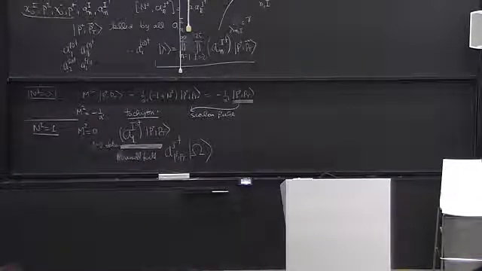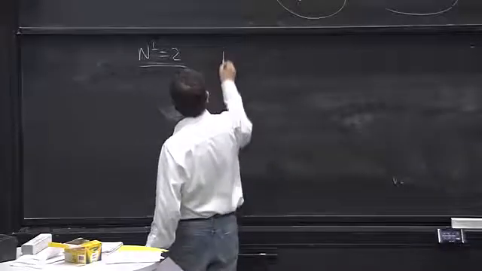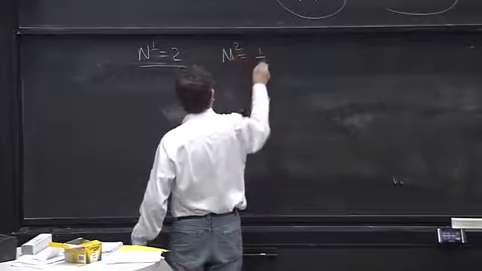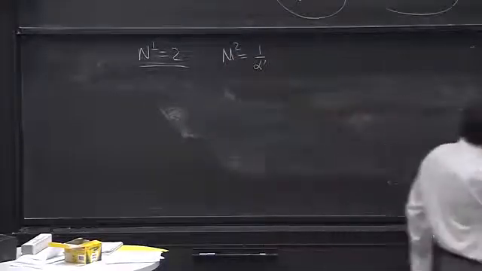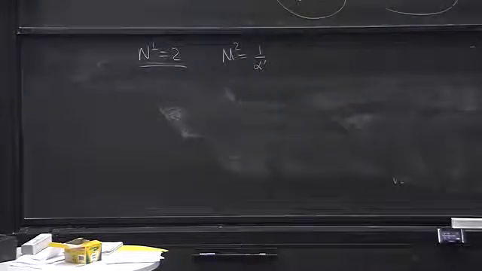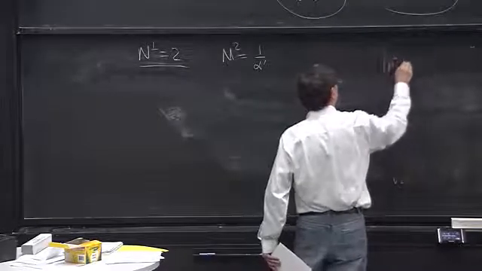It's still interesting. And n perp equals 2. OK, how do we get n perp equals 2? Well, that's going to be m squared equal 1 over alpha prime over there. And now I have to get things with n perp equal 2, acting on P plus, P transverse.